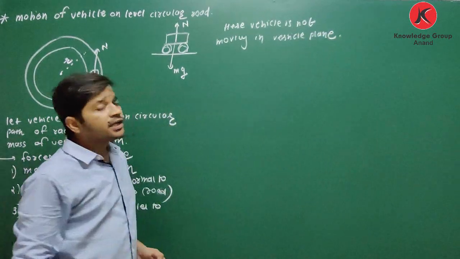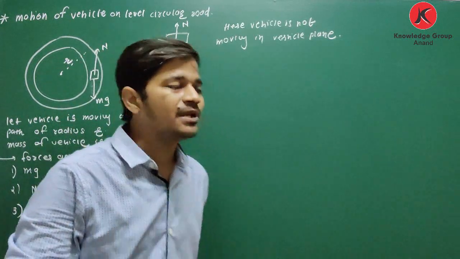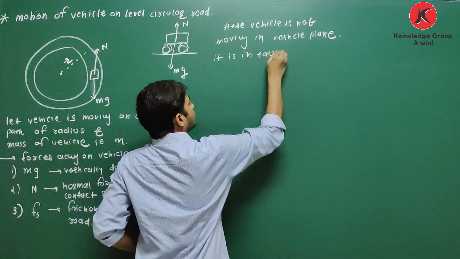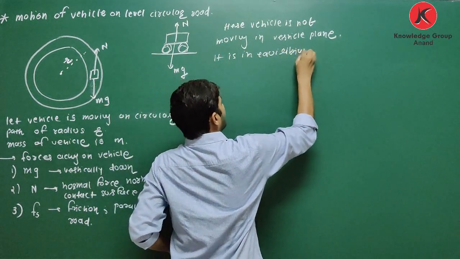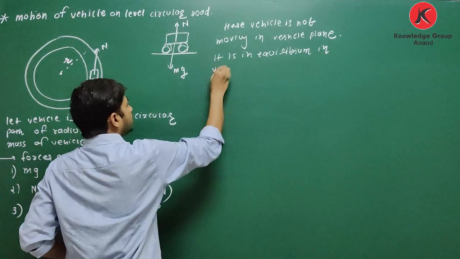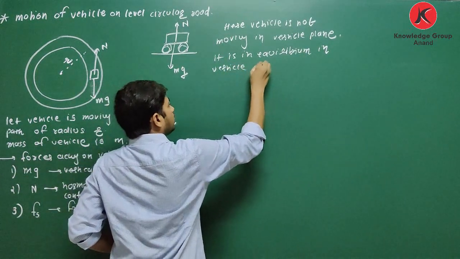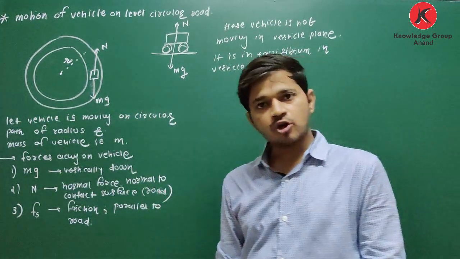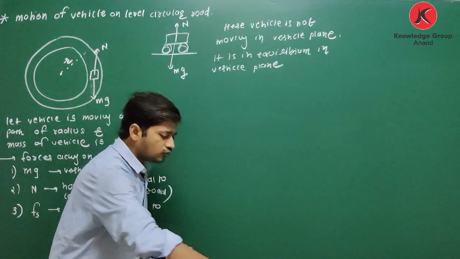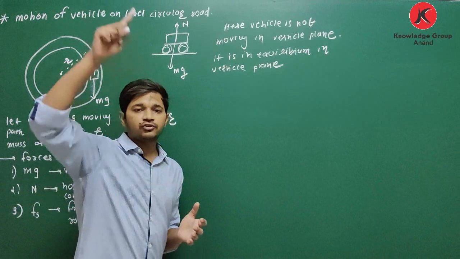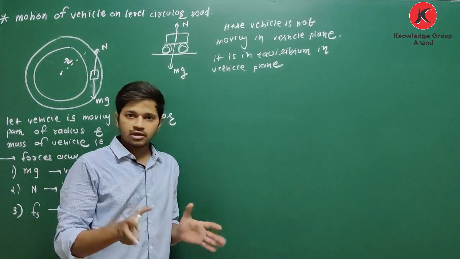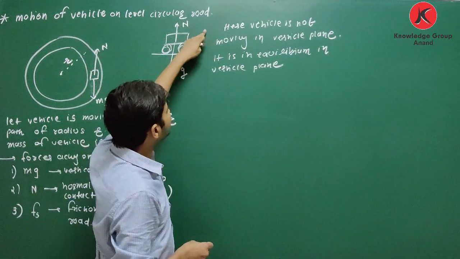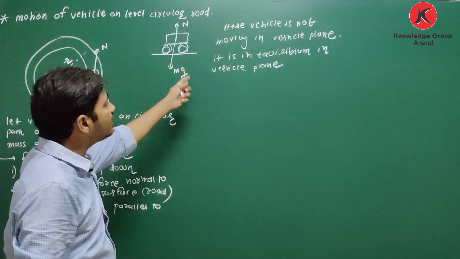Not moving in the vertical plane means it is in equilibrium in the vertical plane. See, if I am moving like this on this circular path, it means I am moving in the horizontal plane. I am not moving in the vertical direction. So the vehicle is in equilibrium in the vertical plane.